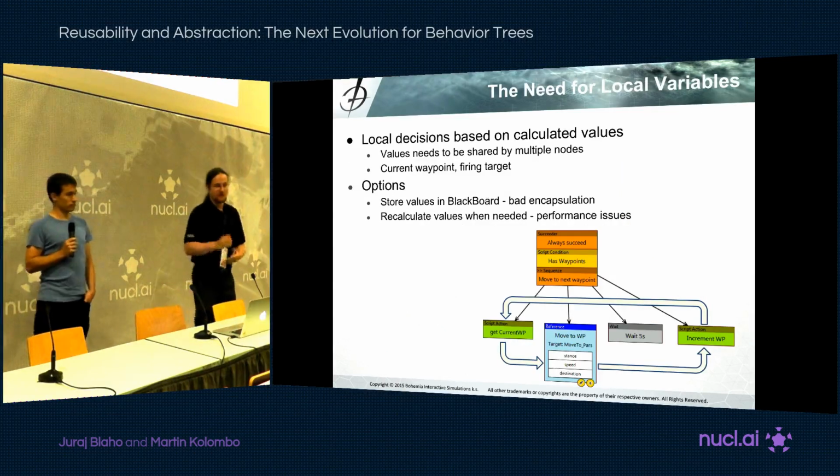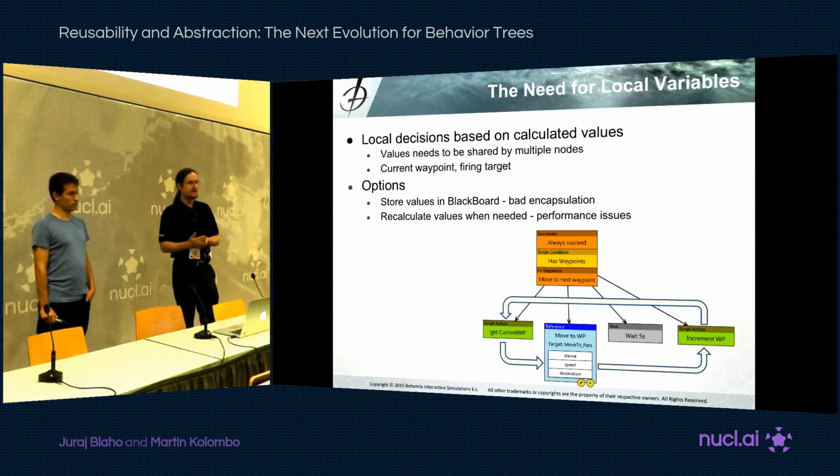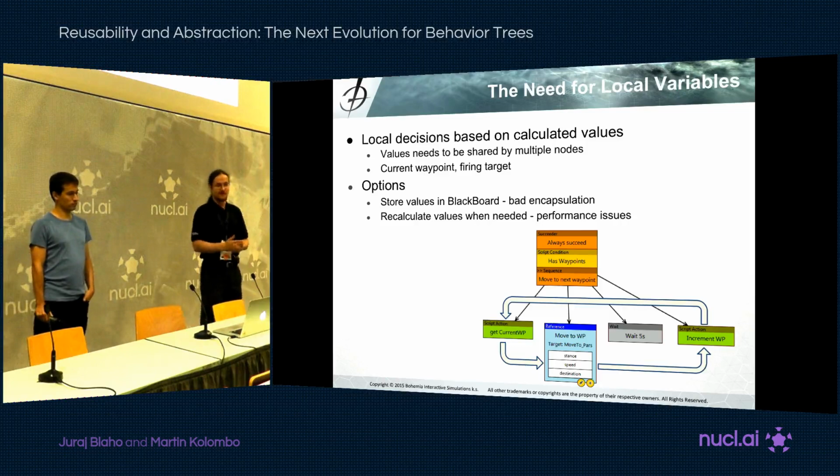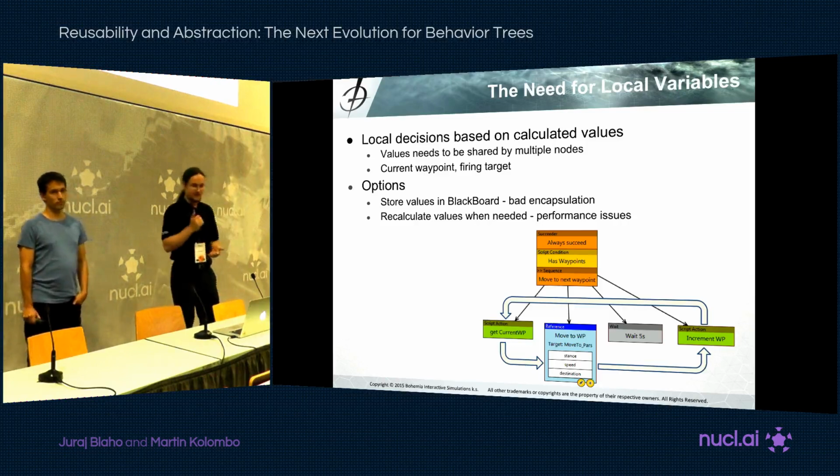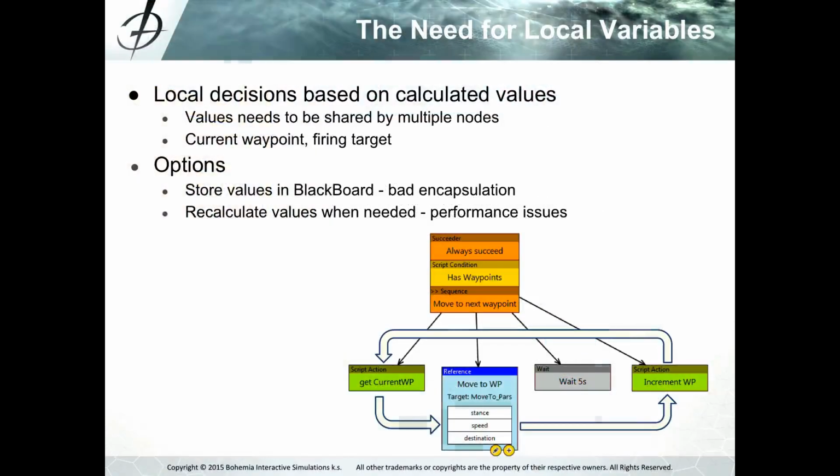So introducing the tree parameters, we've solved one problem, but there is always one more, as we all know. Sometimes we just want to pass a value inside the same tree from one node to other nodes. In the example at the bottom, that's just part of the top-level behavior tree that handles what waypoint I should be heading to.